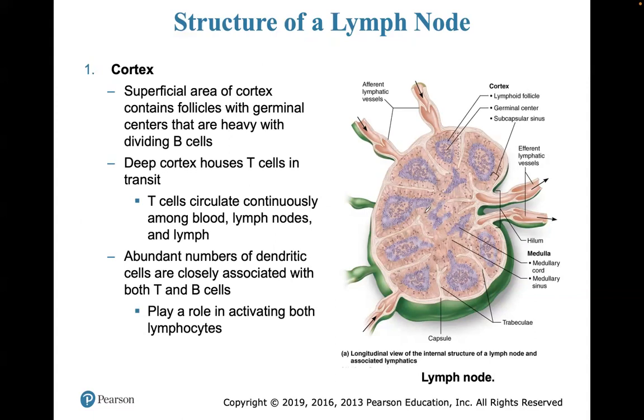So the superficial cortex houses T and B cells. The deeper cortex has more T cells. The outer cortex has more B cells, more or less heavily dividing B cells. They also have an abundant number of dendritic cells, like associated immune cells.